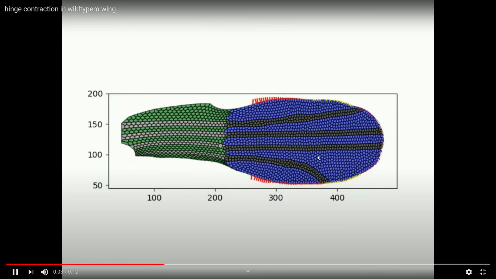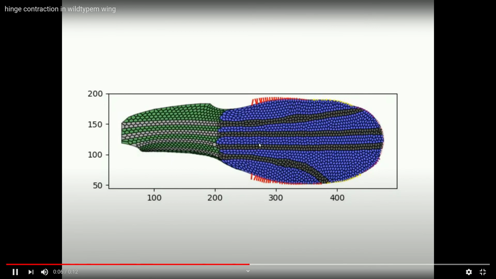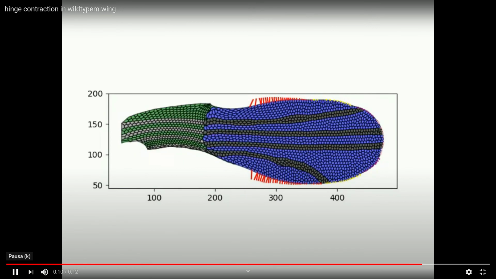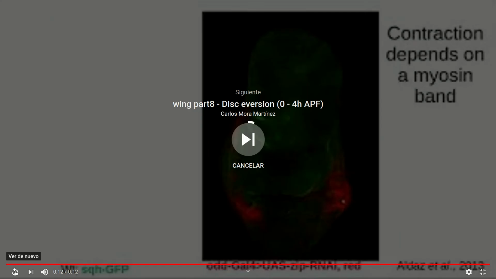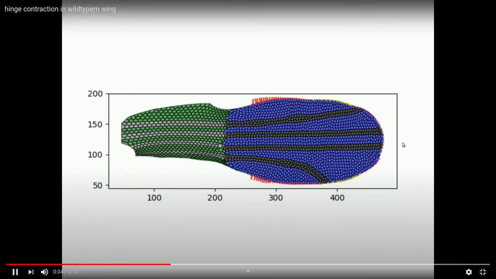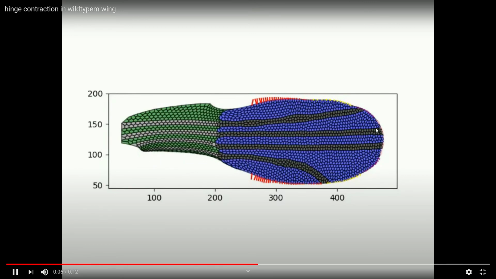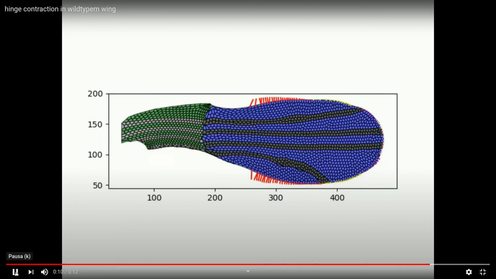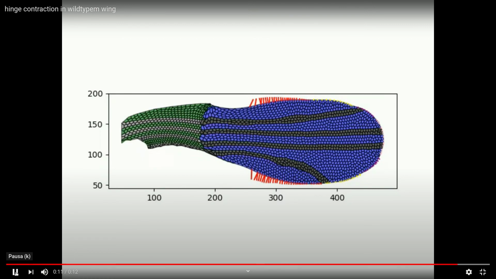Here you see how there's one cycle of cell replication, and that cell replication also starts in the most proximal part of the blade, just like it happens in real wings, where division starts here and continues in the most distal part. You see how the hinge contracts, and this pulls from the blade and changes its shape.